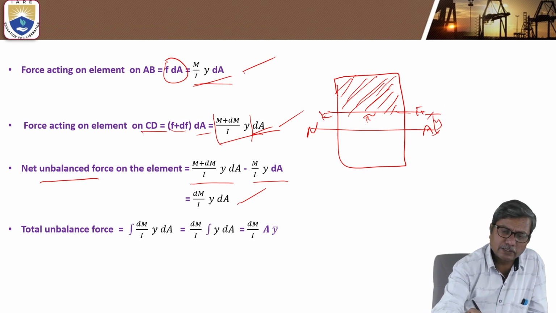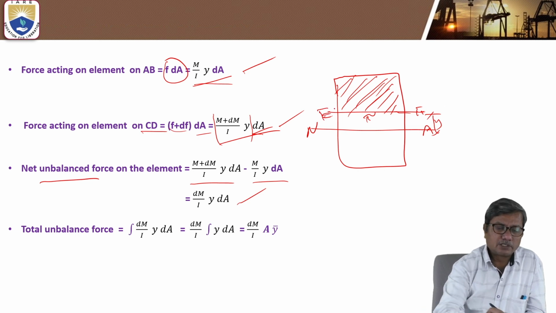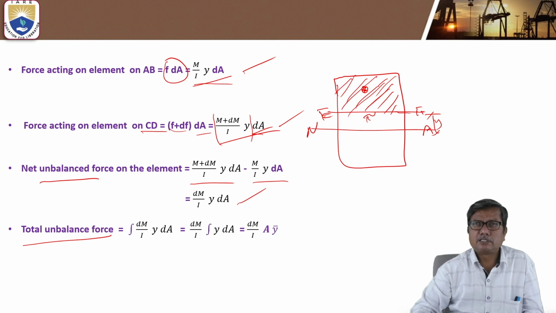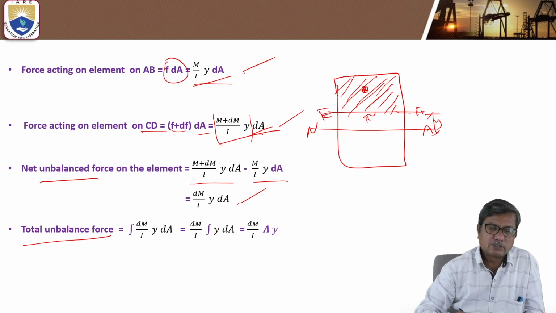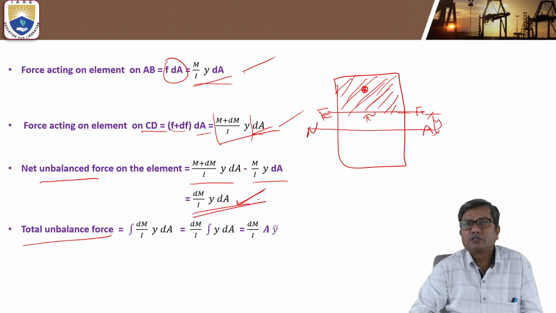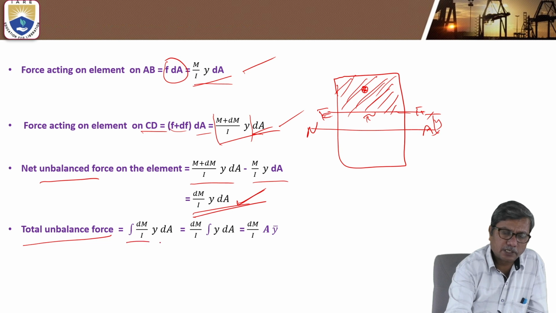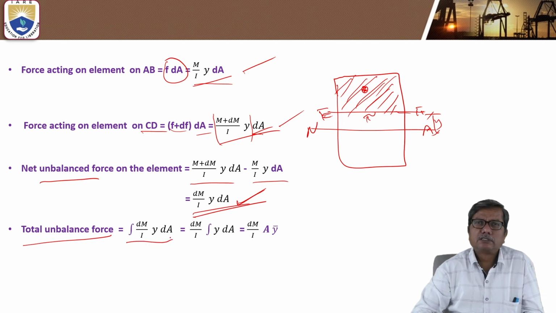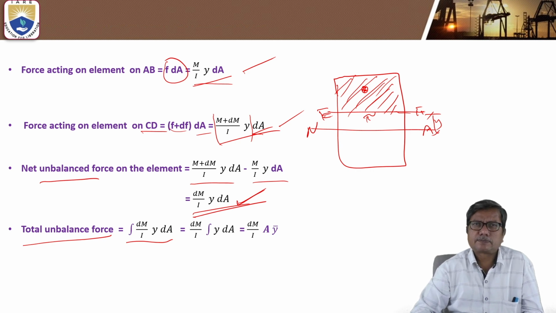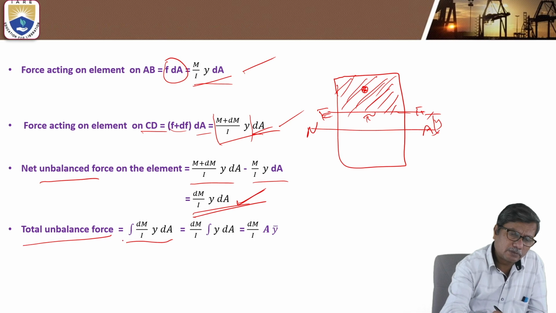The total unbalanced force is given as the sum of all the forces acting on the elementary cylinders. The unbalanced force on one elementary cylinder is given by this, so the total is the summation of all such elementary forces. Summation is nothing but integration.